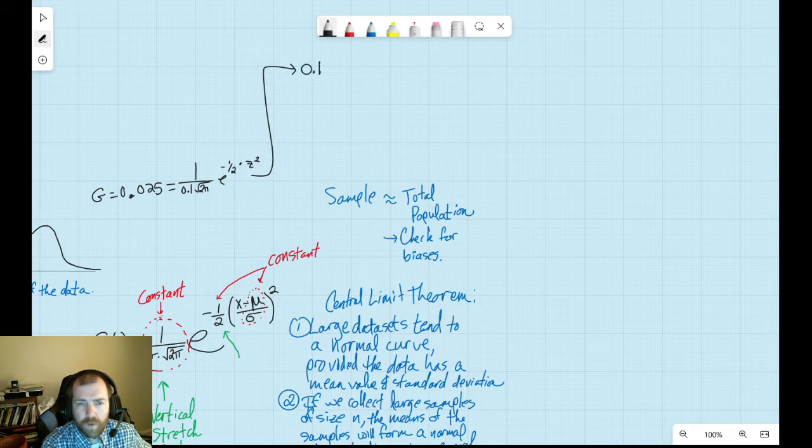So 0.1 times the square root of 2 pi times 0.025 is equal to e to the negative 1/2 z squared.